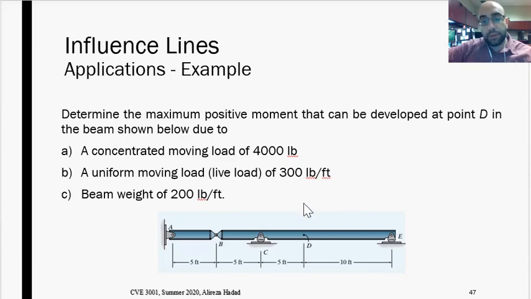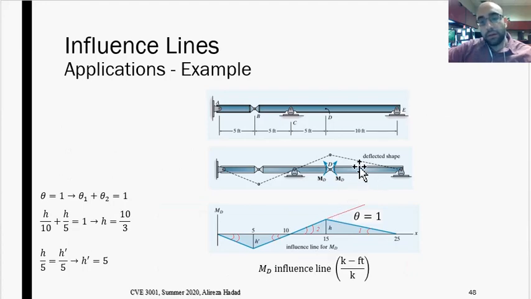So it goes up over here, then it goes down. Over here we have a hinge and also a hinge over here, so it can simply be rotated. If I draw that, we will see a situation like this, right? This dashed line is the deflected shape, and this is the influence line diagram for bending moment at point D.